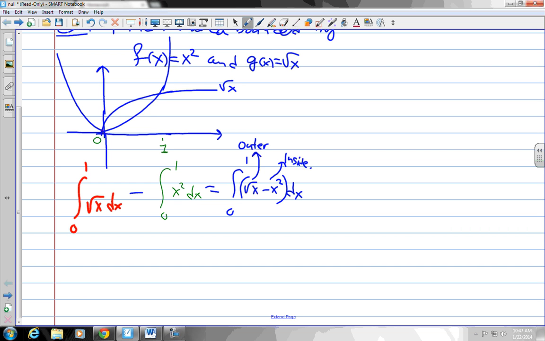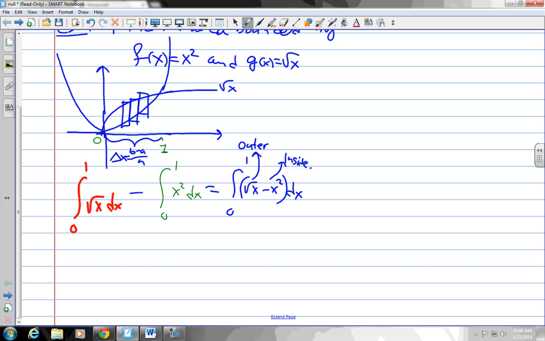I'm going to chop it up into a bunch of little rectangles. First of all, I need to take my interval from a to b and figure out what delta x is, which is usually b minus a over n. That's how you did it in Calc 1, right? You take your interval, find its length, b minus a, and divide it by n, how many rectangles you want.